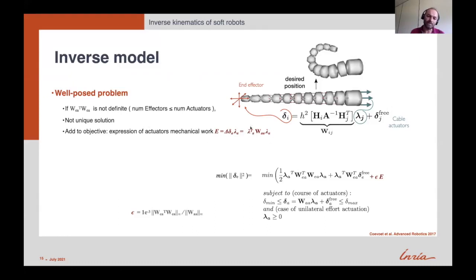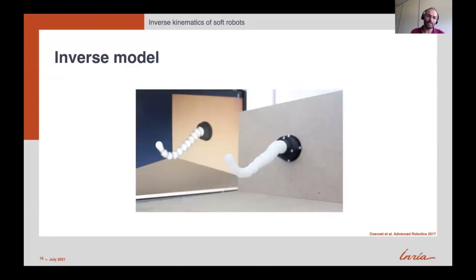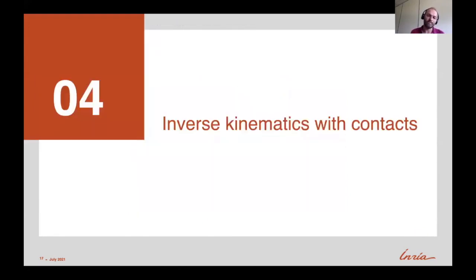Basically, it's written like that. It's also based on the compliance projected in the actuator space. Then you can add a small part of this actuator work in your minimization program. In practice, it allows to obtain a unique solution. So it's what you can observe here. You can directly pilot the end effector of the robot.